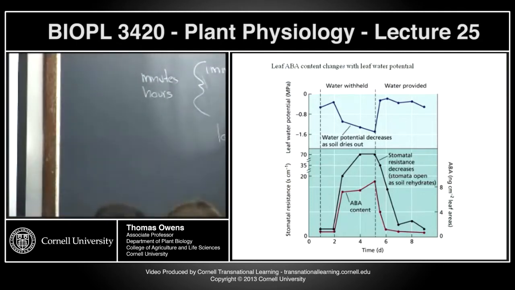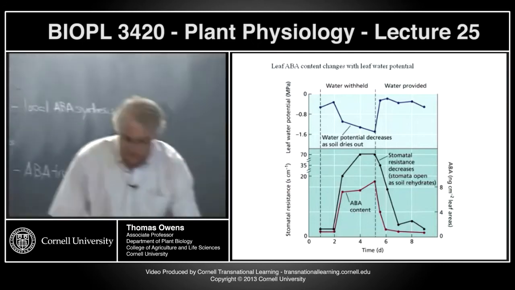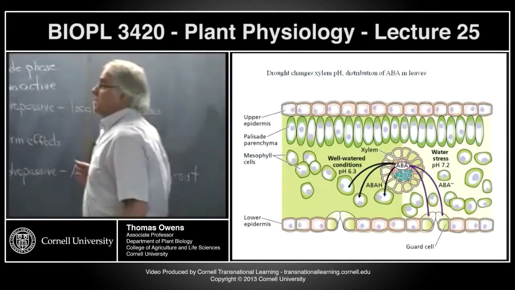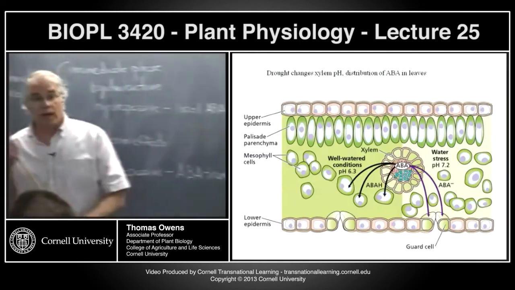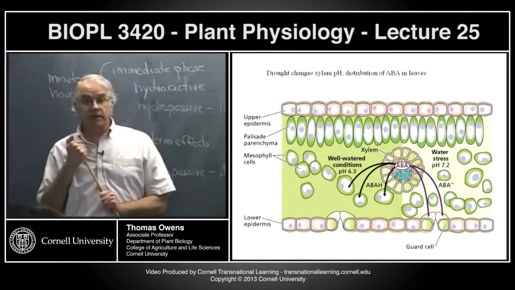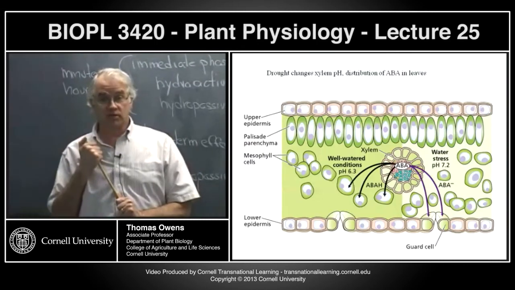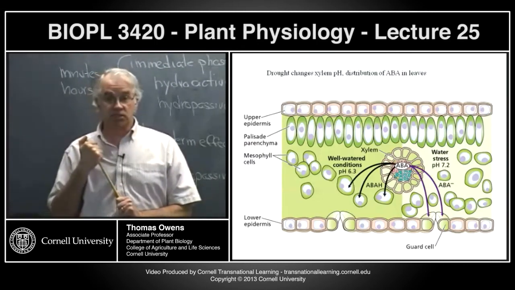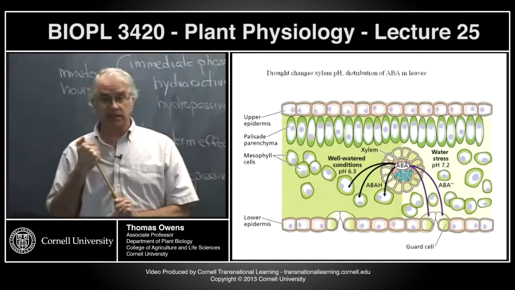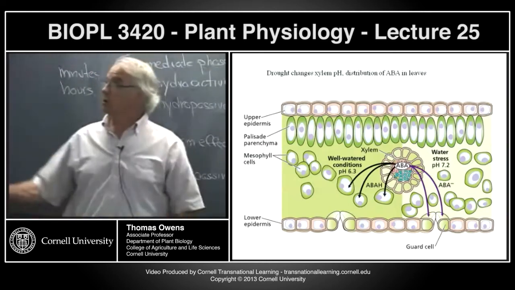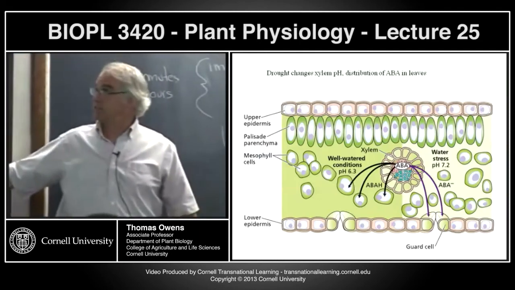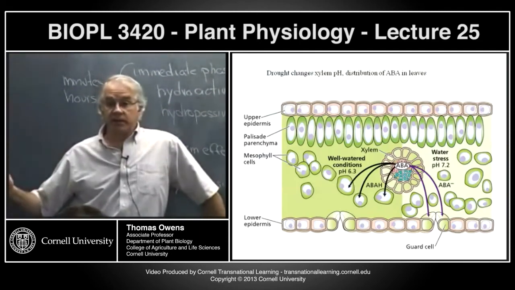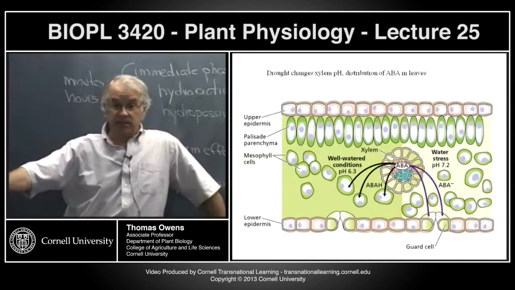It's an interesting one, and it's maybe a little bit complicated to think about, and that is, it turns out that when the roots become water stressed, the pH of xylem sap becomes more basic. So under well-watered conditions, the pH of xylem sap is around 6.3, and under water stress, it becomes just slightly basic, around 7.2.